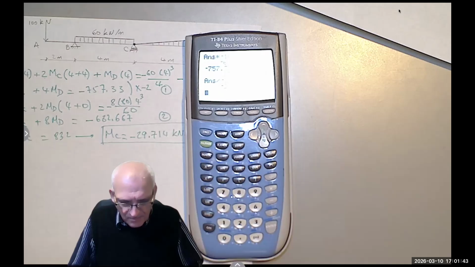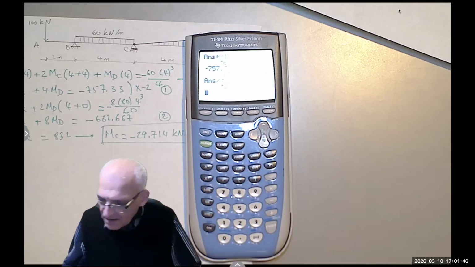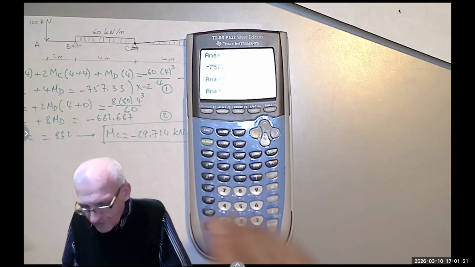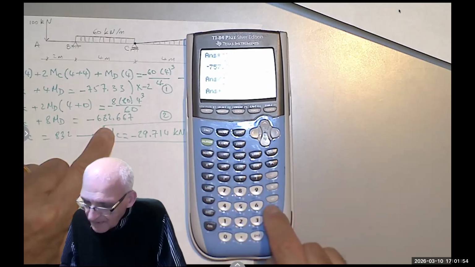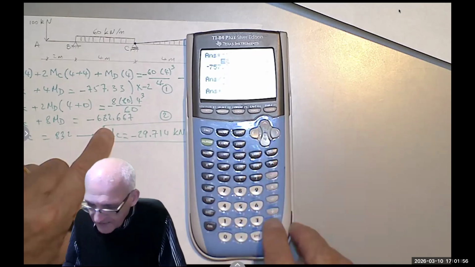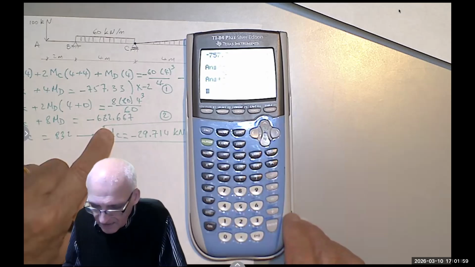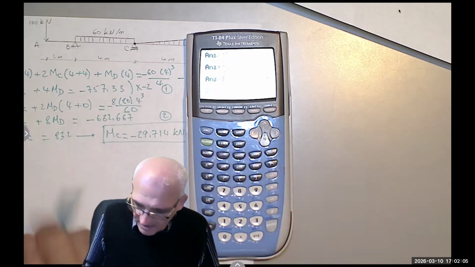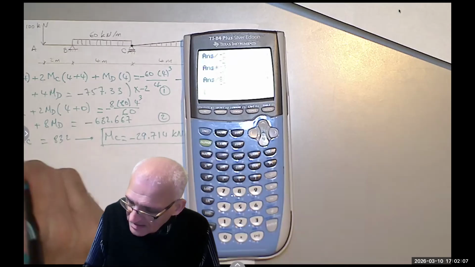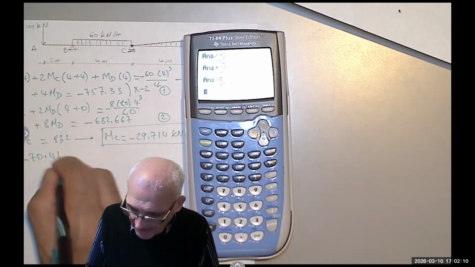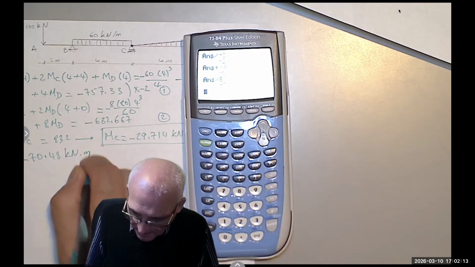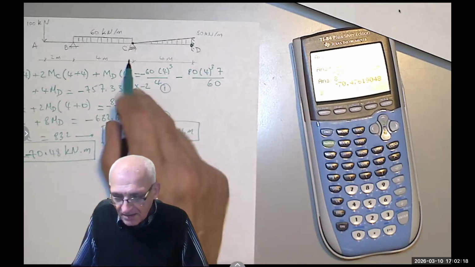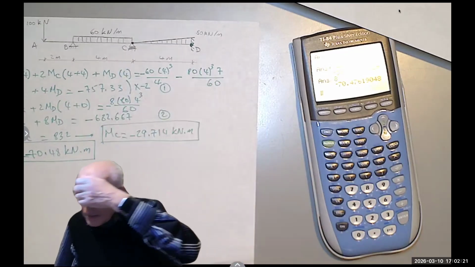Then I'm going to divide that by 8, right? So I get MD is -70.48 kilonewton meter. So now I found the middle moment as well as the moment here.